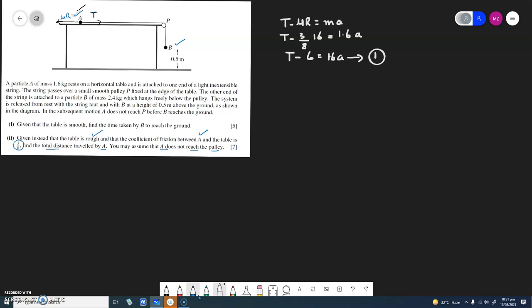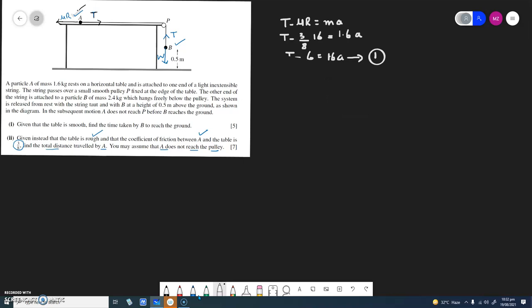Now we consider the particle B. Now there are again two forces. One is acting in this direction, that is the tension, and the other is downward, that is its weight. The net force on B will be T minus W, or rather it is the other way around because the motion is in the downward direction.